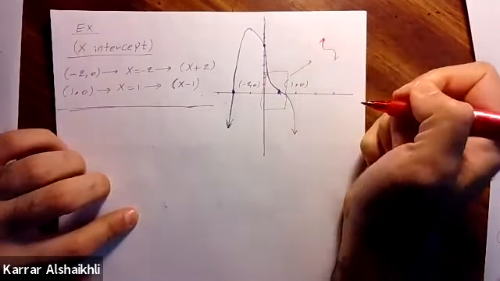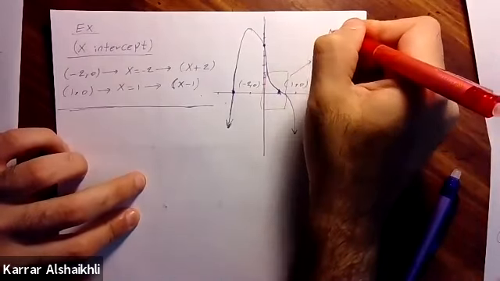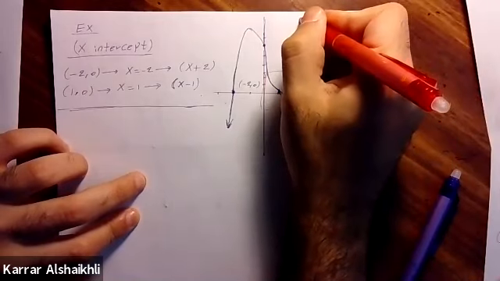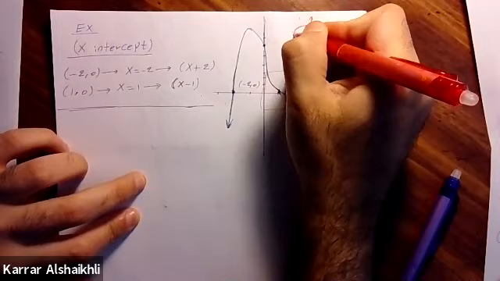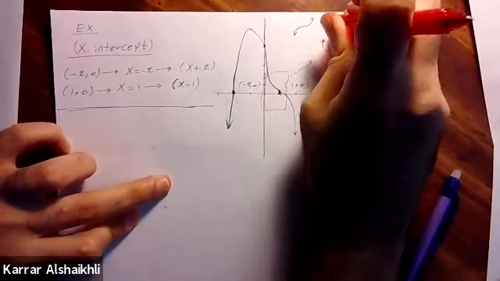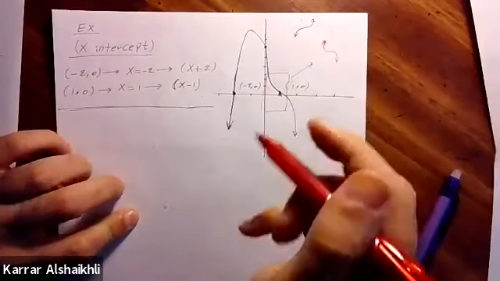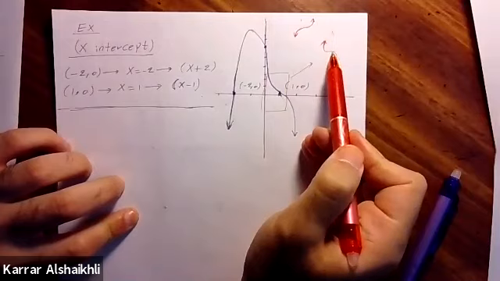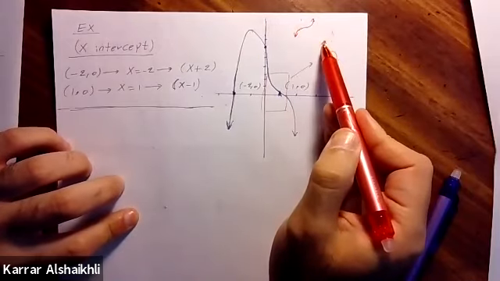If you check these graphs, we have a function similar to this one, but it's flipped like this. So this graph is similar to this function at this point, but it's flipped.